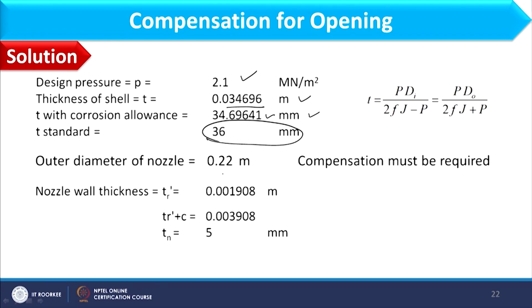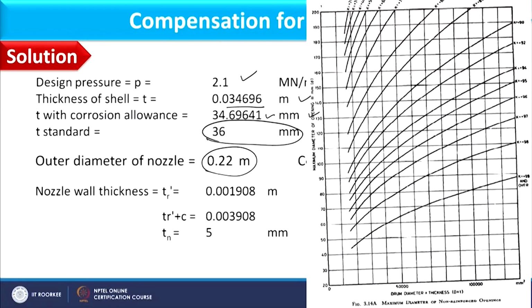Now outer diameter of nozzle is given as 0.22. So in this case, though we are asked to examine whether compensation is required or not, there is no need to compute the value of K dash or refer the graph, because it is equal to 0.22 meter, and if you remember that graph is available only up to 200 mm.